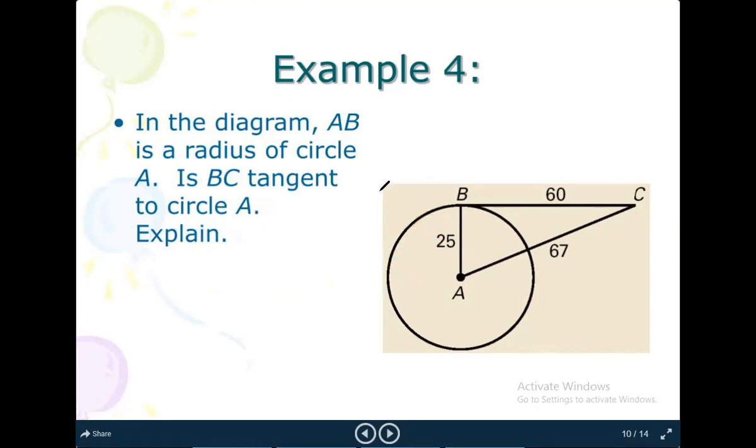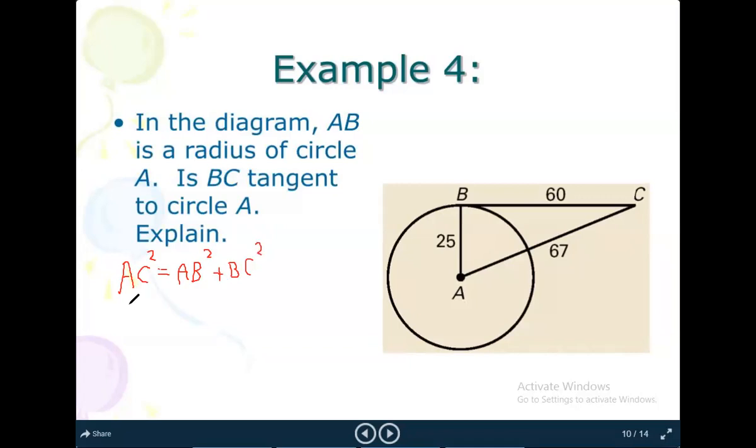Then we want to write AC to the power of 2 equals AB to the power of 2 plus BC to the power of 2.